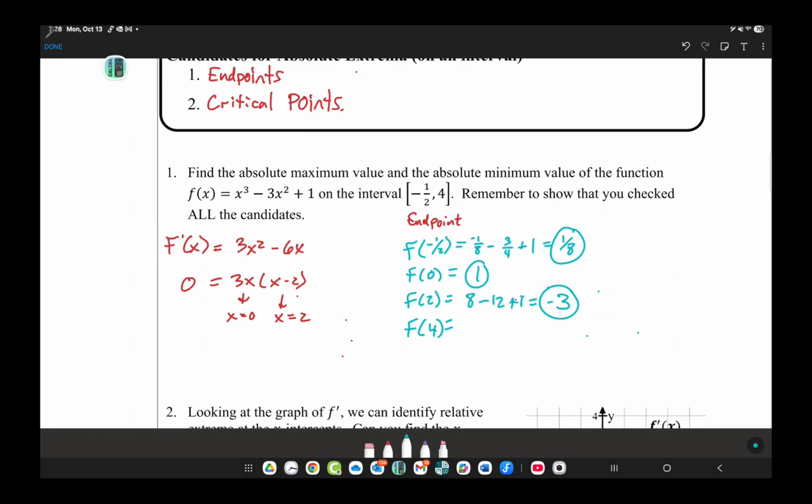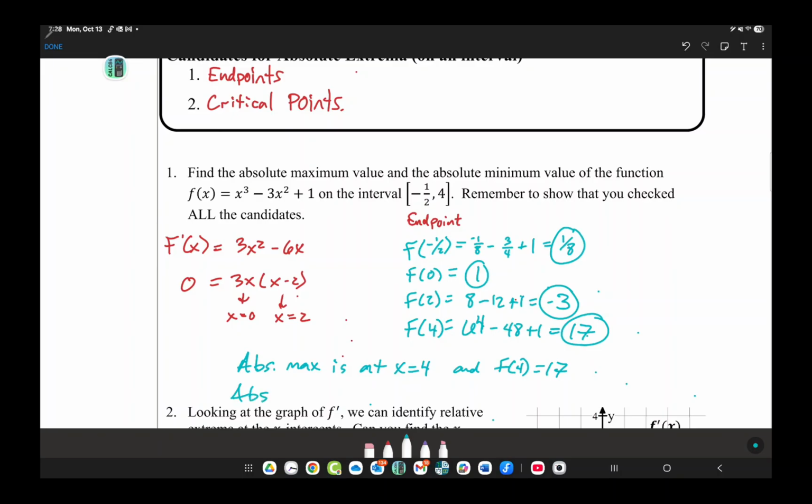Now plugging in 4. 4 cubed is 64. 3 times 4 squared is 48. Plus 1, that gives you 16 plus 1, or 17. So we can see right here that my absolute max value is at x equals 4, and its value, f of 4, is 17.